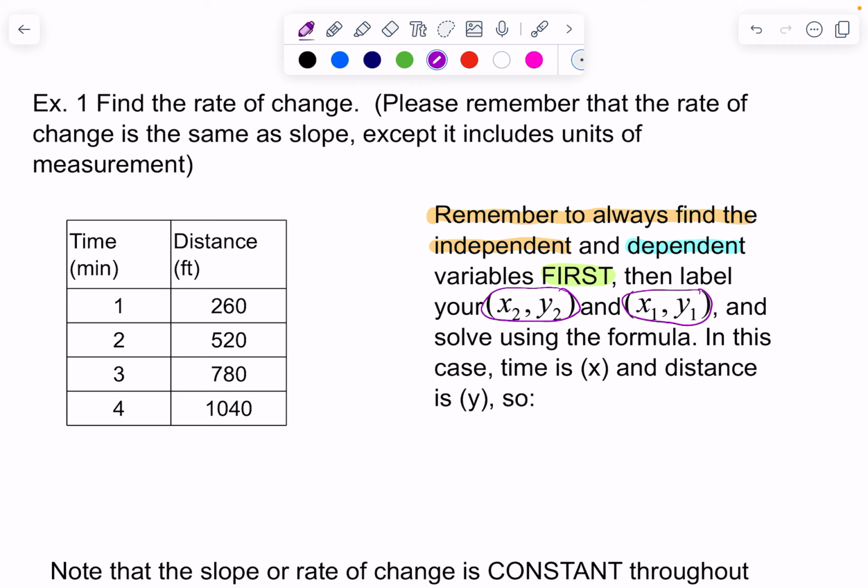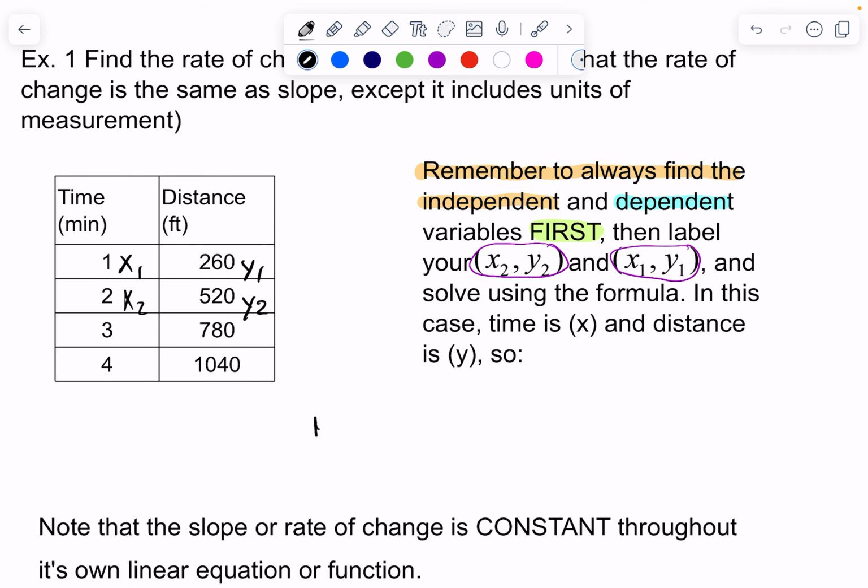In this case, x is time, that's the independent variable, and distance is y, that's the dependent variable. So let's go ahead and label. This would be my x1, y1, x2, y2. And now let's use the slope formula or the rate of change formula. It's the same thing except rate of change involves units.